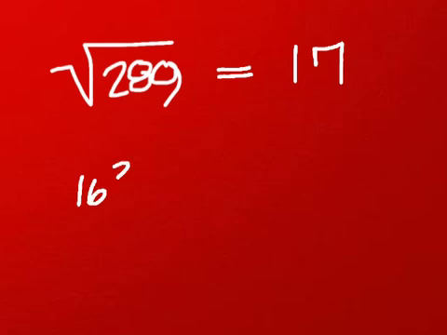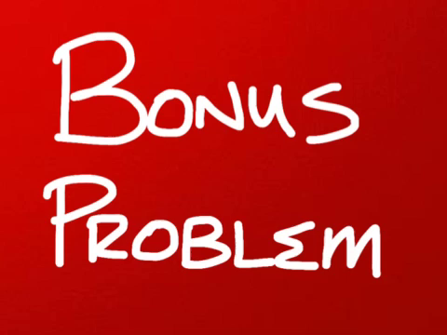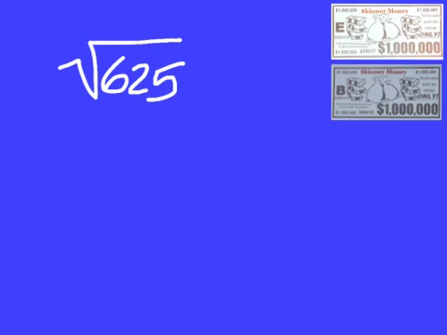Keep in mind that 16 squared is 256, and 18 squared is 324. Keep those in mind for future reference as well. Another bonus problem. Square root of 576. Answer is 24. Practice problem number 2.